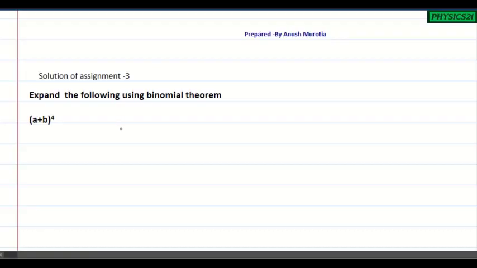Solution of assignment 3. In the first question, we have to expand (a + b)^4 using the binomial theorem.